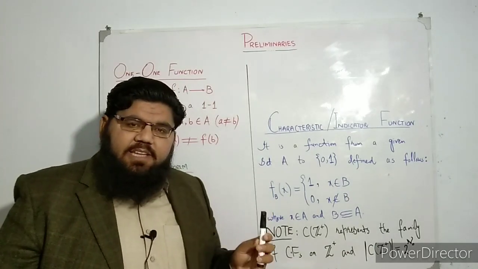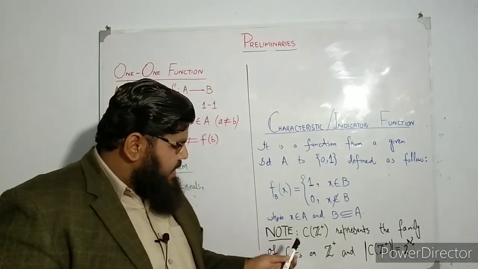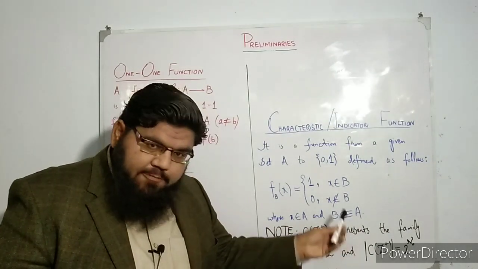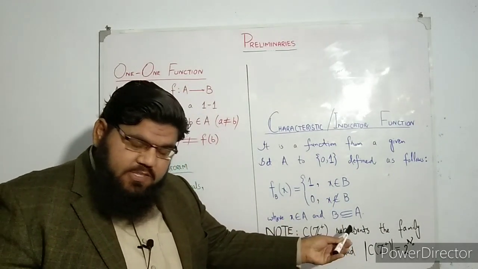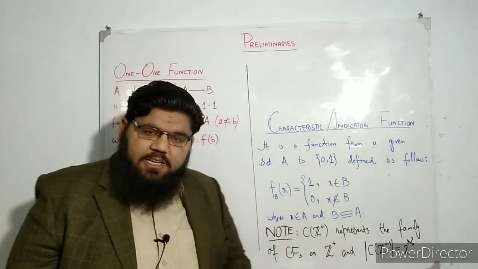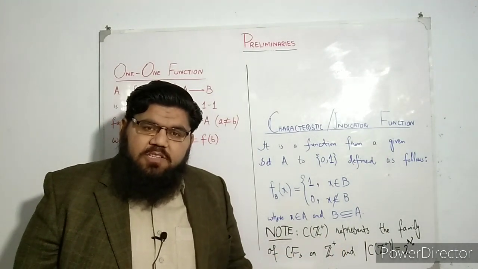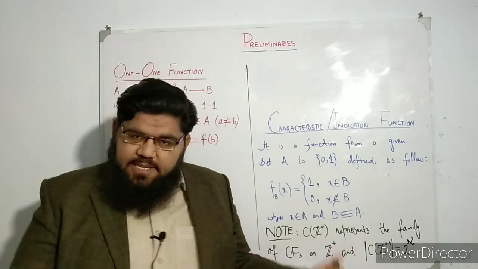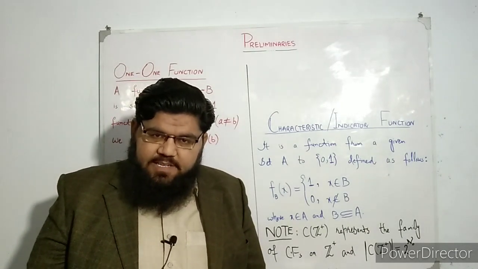Another thing that is a must to mention here is the class of all characteristic functions or indicator functions of the set of positive integers. The set of positive integers has infinitely many subsets, as you can see that this set itself is an infinite set.